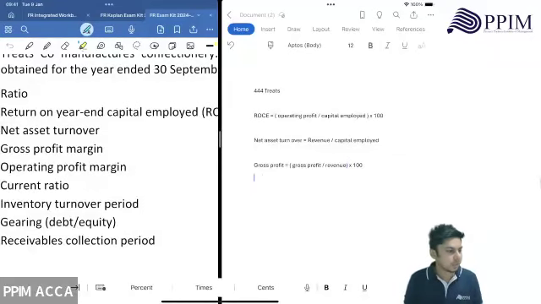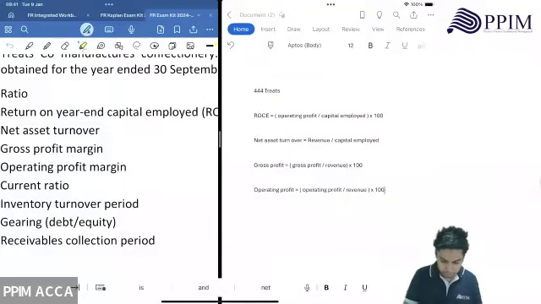What's the next one that we have? Operating profit margin is equal to operating profit divided by revenue into 100. What's the next one? Current ratio. What's the equation for current ratio? Current assets divided by current liabilities.